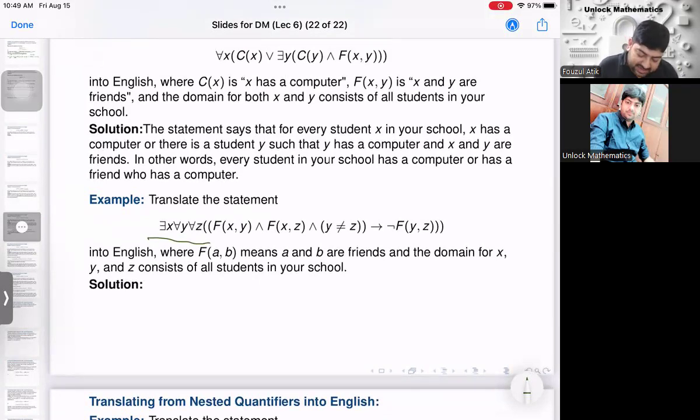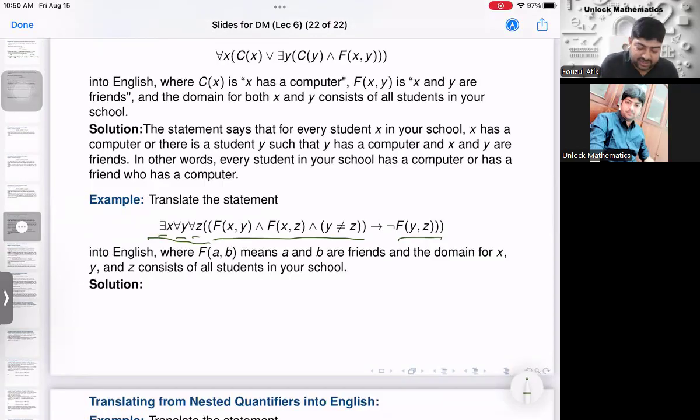It says that there exists x, and x, y, z are all real numbers, right? So there is a student in our school for which, for every student y and every student z, if, this is the if part, x and y are friends and x and z are friends and y and z are different, then it will imply that y and z are not friends.